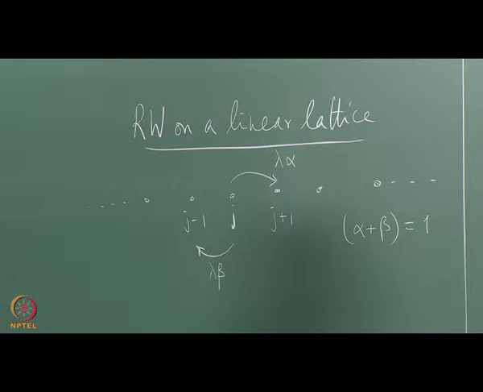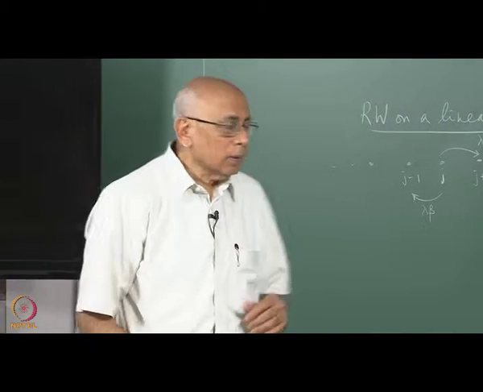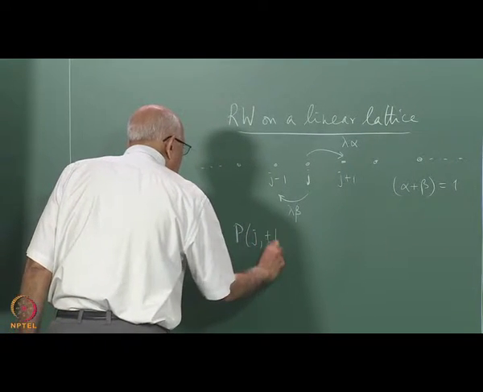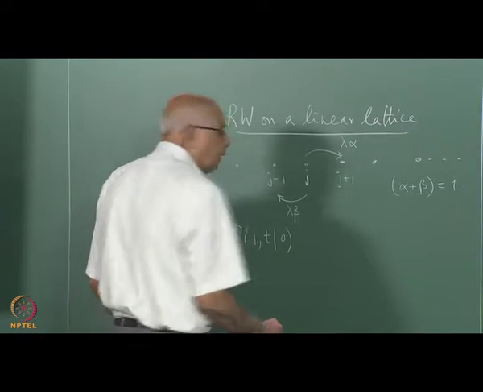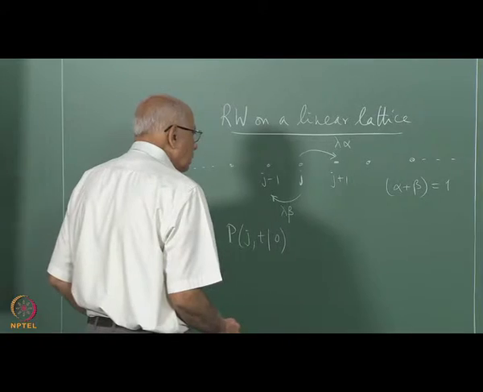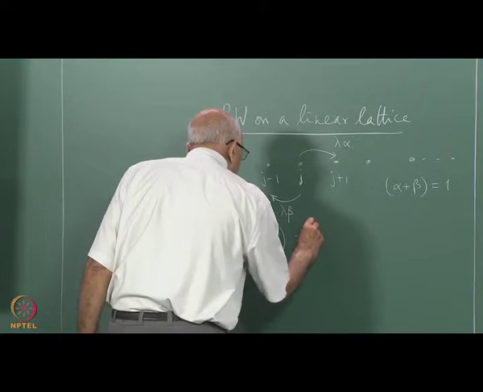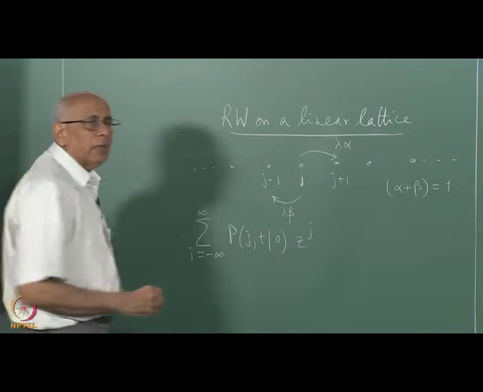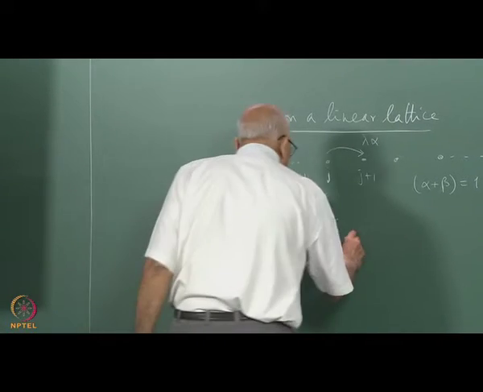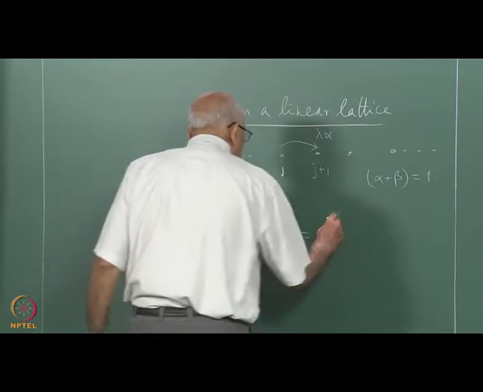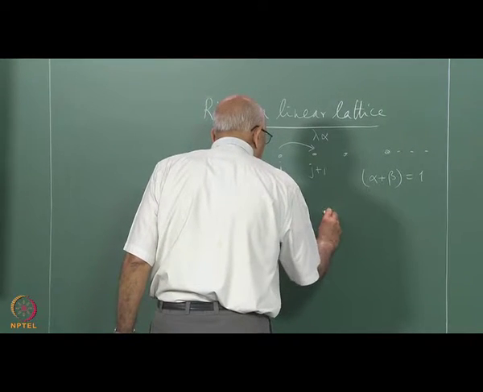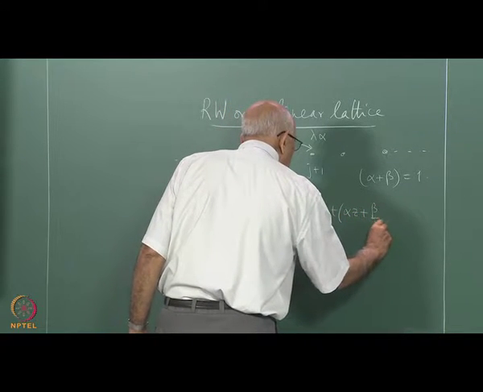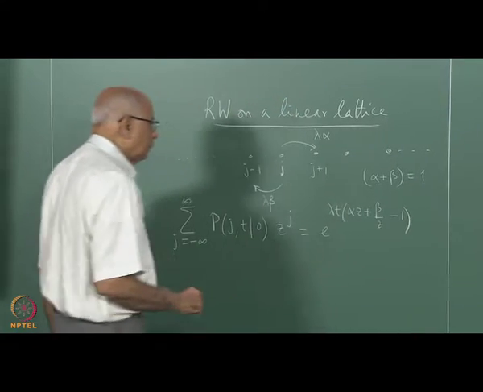And then we discovered that if you start at some arbitrary origin, say 0, the probability P of j comma t starting from the origin had an explicit solution, and the generating function for this, the sum of z to the j, j from minus infinity to infinity, was a quantity we could evaluate explicitly, and this was e to the power lambda t times alpha z plus beta over z minus 1, and that was it.